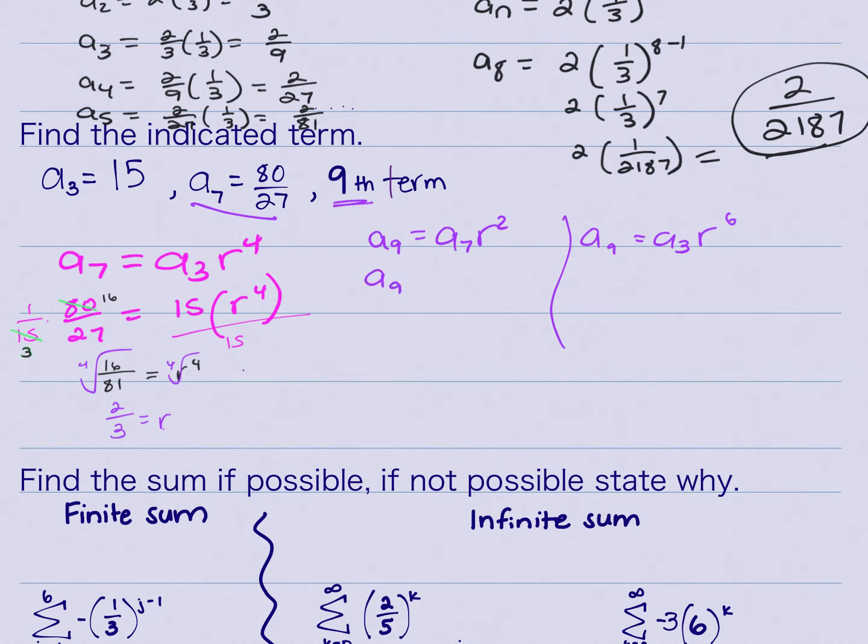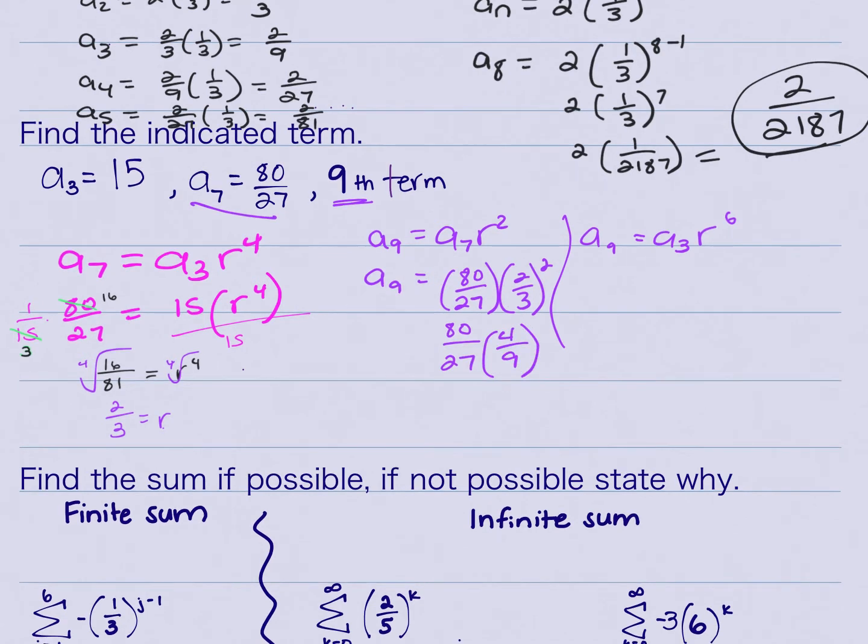So let's just do the 7. It'd be 80 over 27 times (2/3) to the 2nd. 80 over 27 times 4/9. And you'd get 320 over 27 times 9, 243. You'd get the same answer by doing a_9 equals a_3 r to the 6th. You should get the same answer.